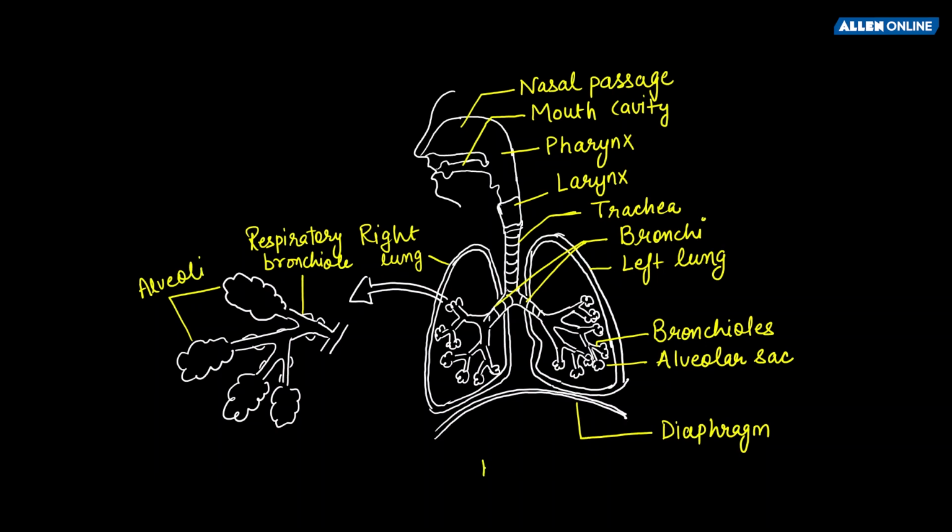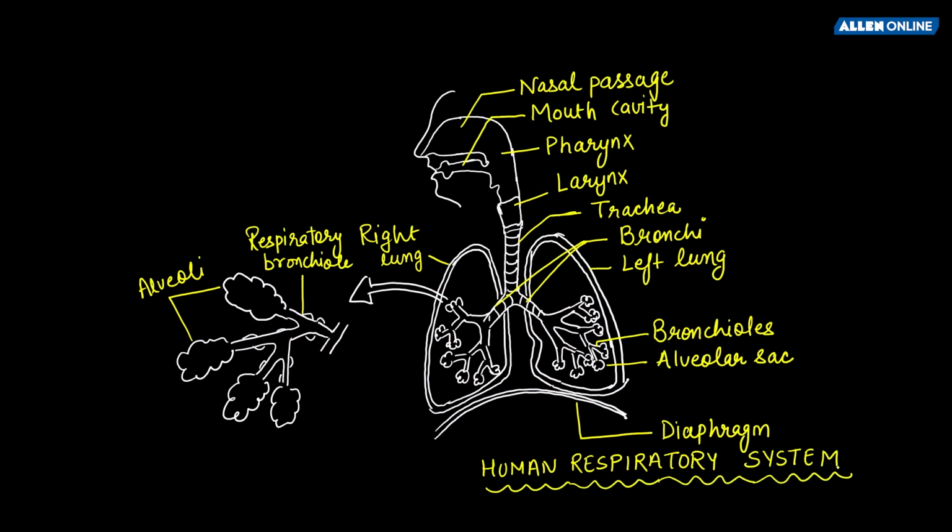So this is the diagram of human respiratory system given in NCERT. It's not necessary to form the alveoli separately. We need to draw according to the demand of the question. Now let's draw the diagram of human excretory system.